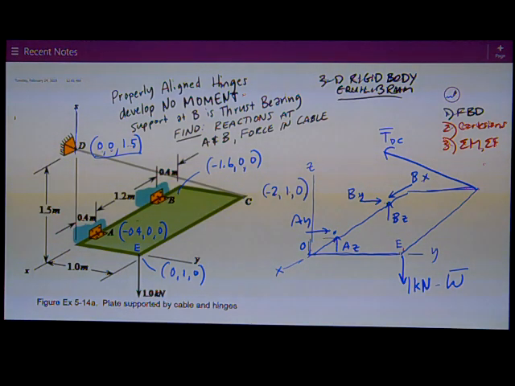At A I have no X force, but I do have a Y and a Z. At the corner, I have the applied load of 1 kilonewton. I end up calling that W. And then I have this cable over here that goes from C to D. Therefore, I would call it by its endpoints, TDC.